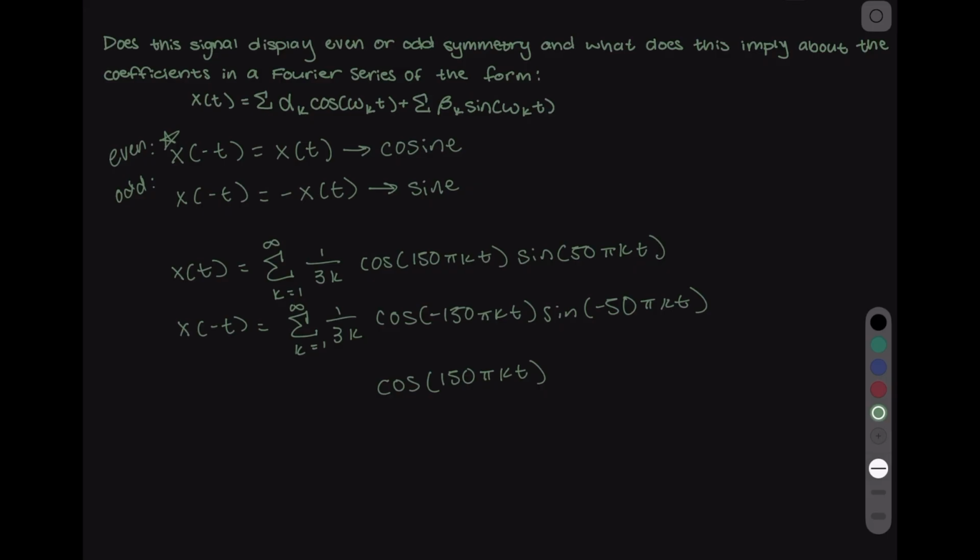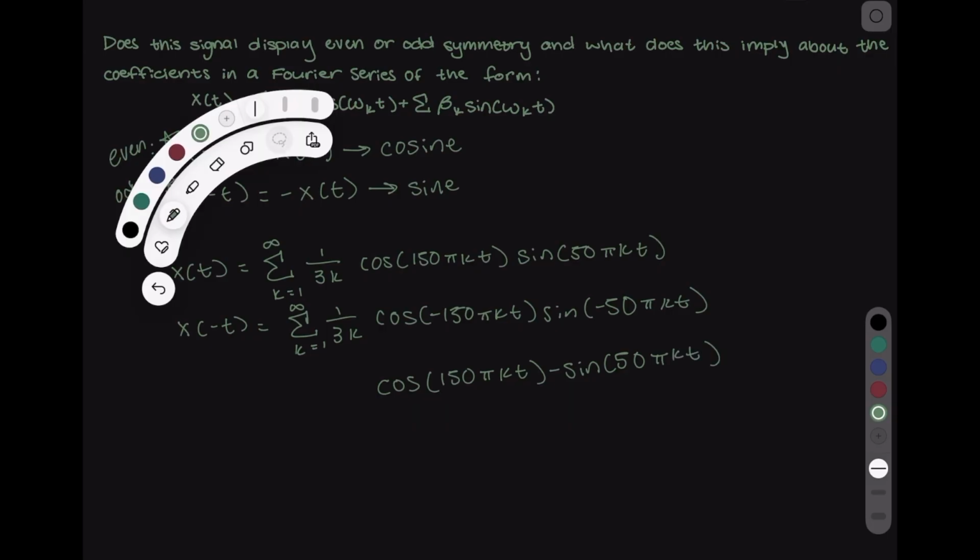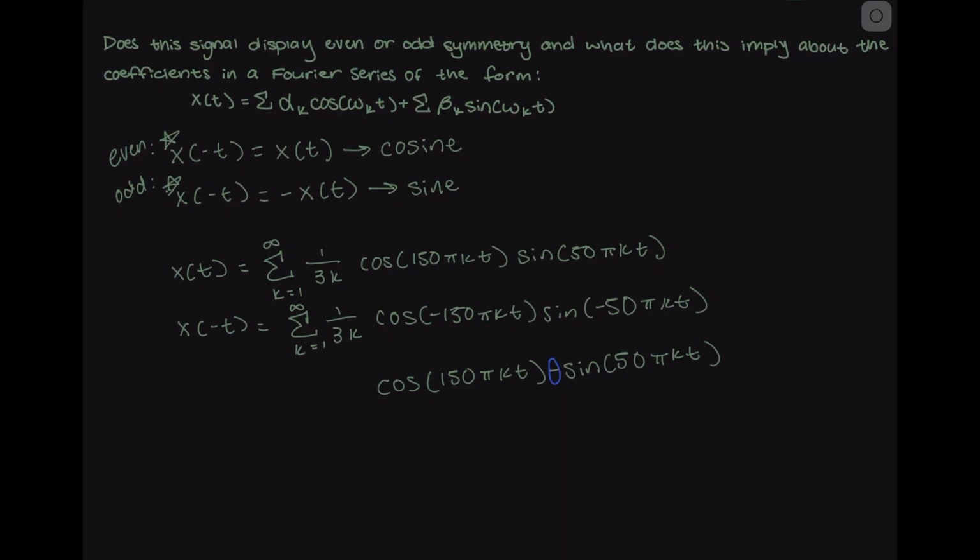Conversely, sine is an odd function, and so sine of negative 50 pi kt is going to be equal to negative sine of positive 50 pi kt. That's a pretty silly spot to throw that negative, so we'll put it in front of our sum.